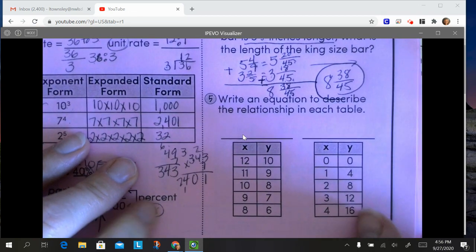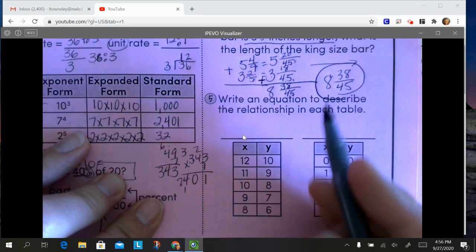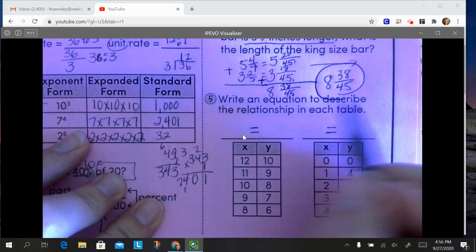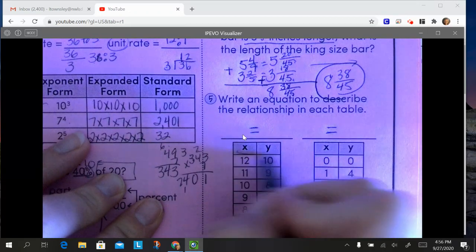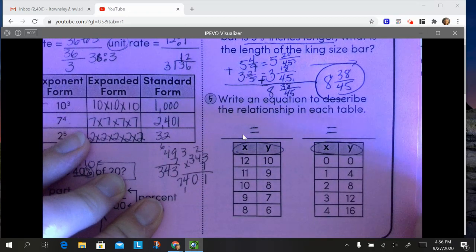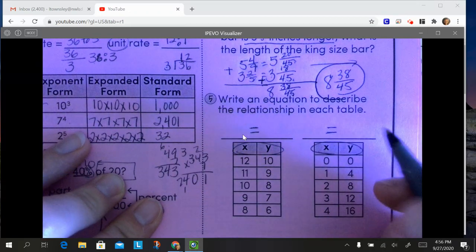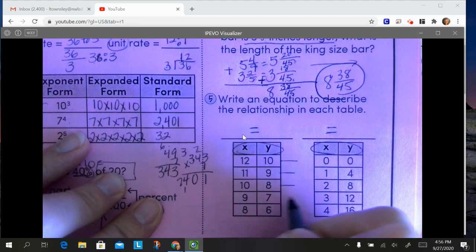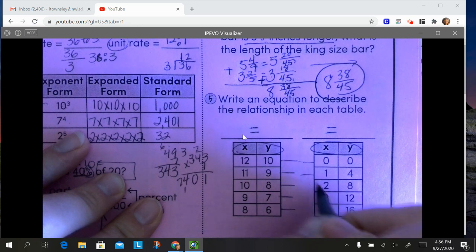Here's number 5. Number 5 says write an equation. So an equation must have an equal sign to describe the relationship. Oh, here we go. X and Y are in this relationship. The secret to love is hidden somewhere in these columns, and we have to figure out what it is.